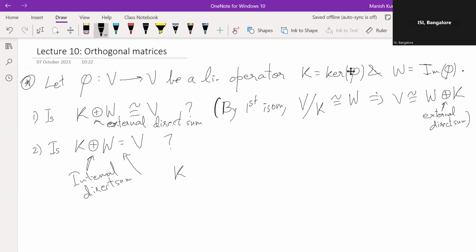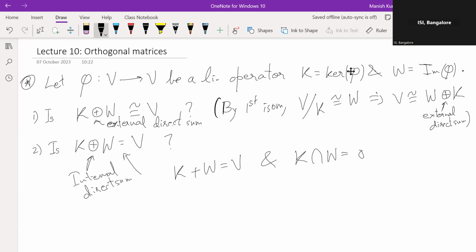In other words, K plus W is equal to V, and K intersection W is 0. There are no choices involved.